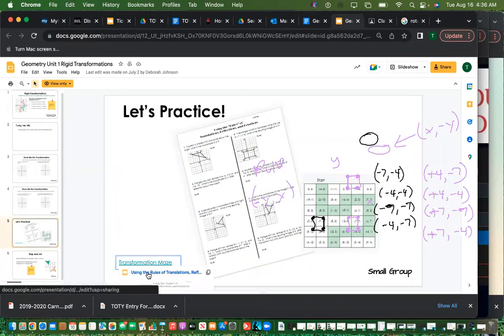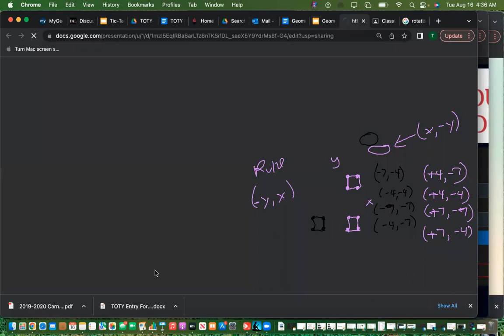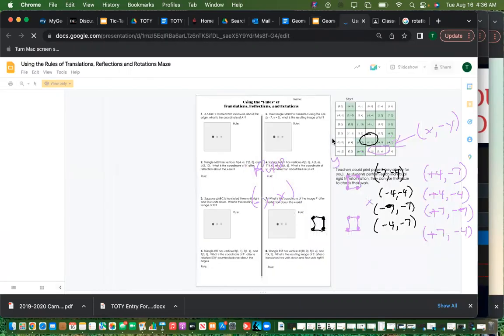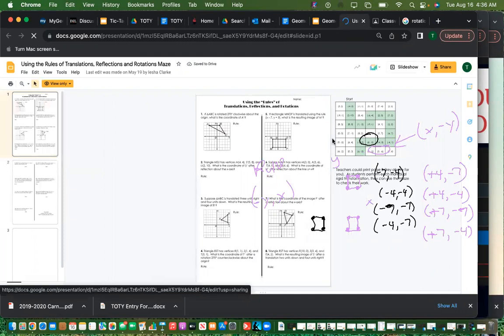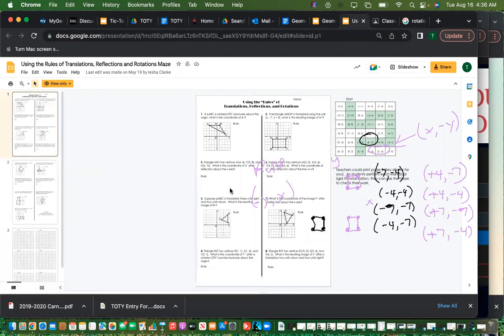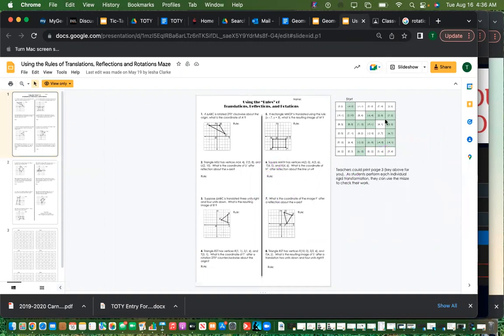Transformation maze. This is probably going to be the biggest help. Okay.